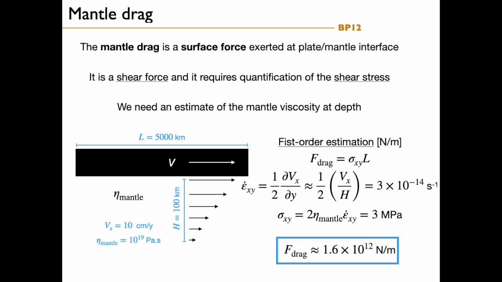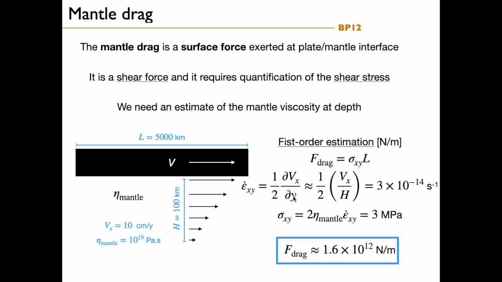To compute the surface force, we need to know the stress and the surface of the plate over which we want to integrate this stress, L. So let's first estimate the shear stress, and to do that we need to know the shear strain rate. We can use the formula from the preceding lecture: 1/2 of dvx/dy plus dvy/dx, which is here 0.